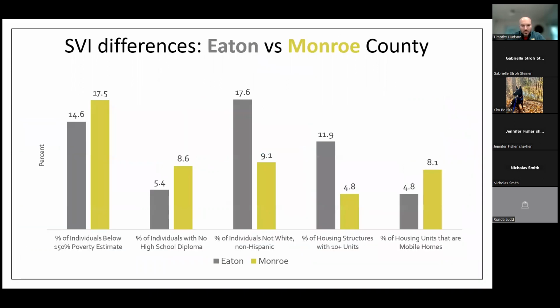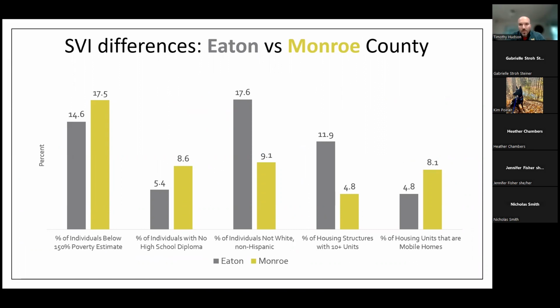This next slide is pulling out some of that social vulnerability index data. That data looks at the social characteristics of communities that are known social determinants of health and that really affect how individuals are able to maintain healthy lives or to access treatment or medical care.